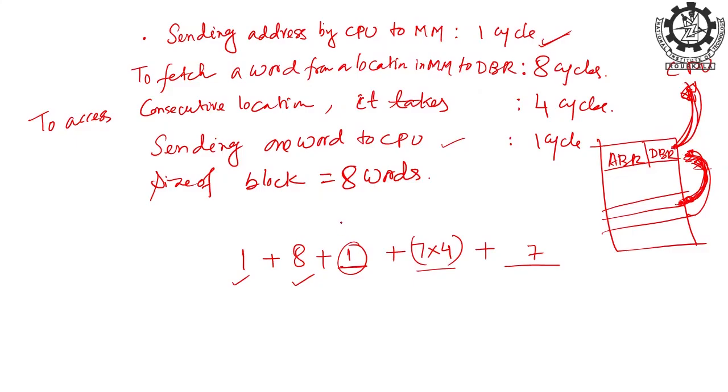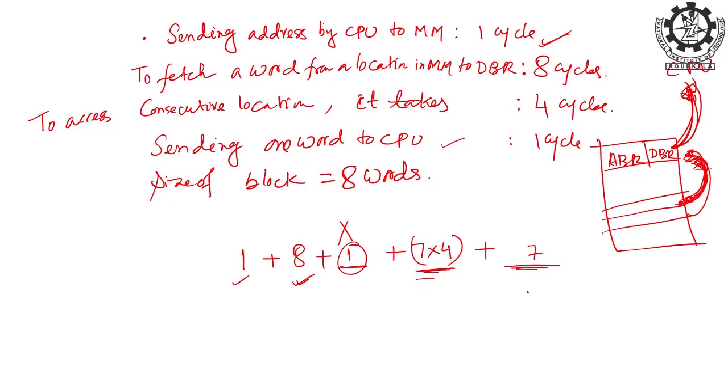Therefore, this time will not be considered, because after placing the data, the memory will go for placing the data from the next location, and it will take 4 cycles, but the CPU will take only 1 cycle for transferring data from DBR to the CPU. So, that time will not be counted. But here I said it will take 7 cycles for transferring data from here to here.